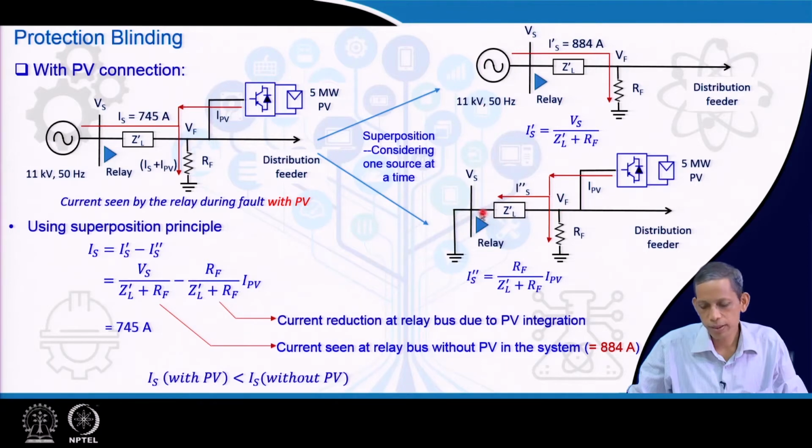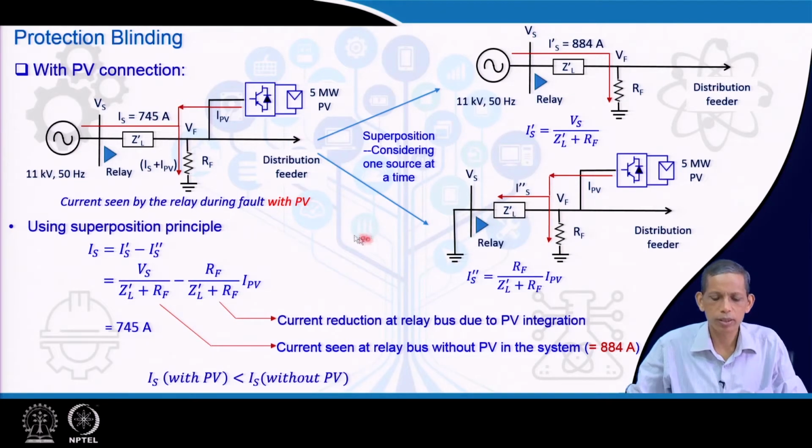So, that reveals the ZS part and the RF path. Therefore, the corresponding IS double dash in this path will be equal to RF upon ZL dash plus RF into IPV. This is the current flowing through this path, and the rest of the current will flow through this RF.